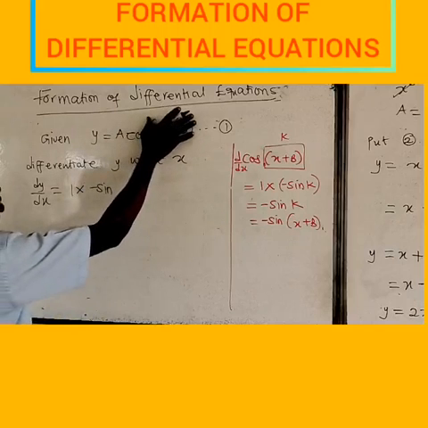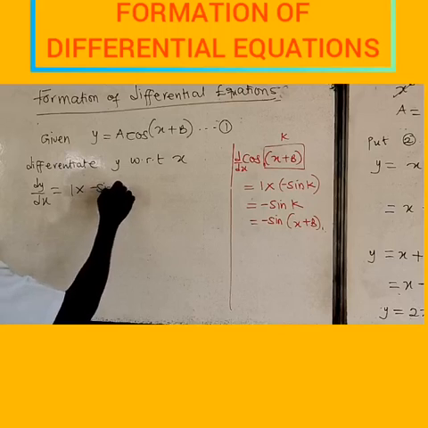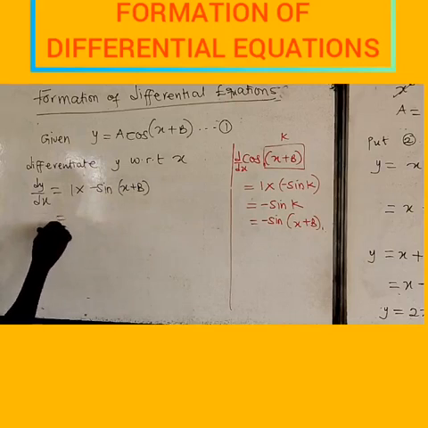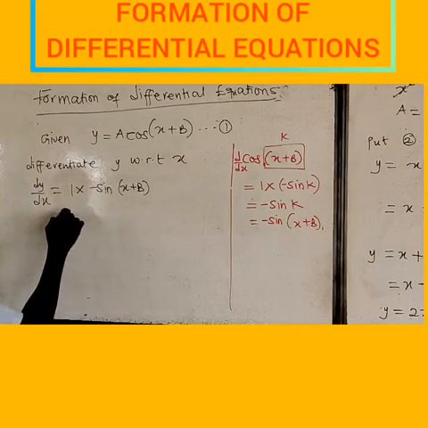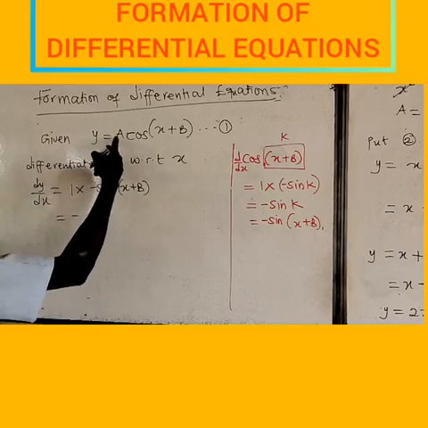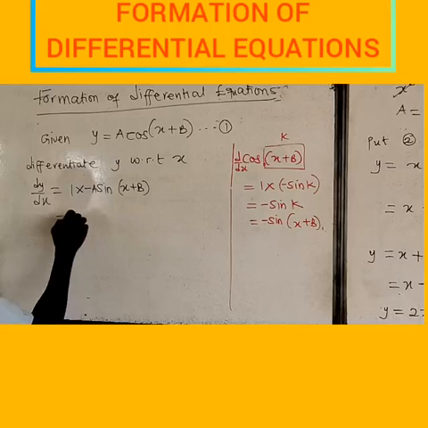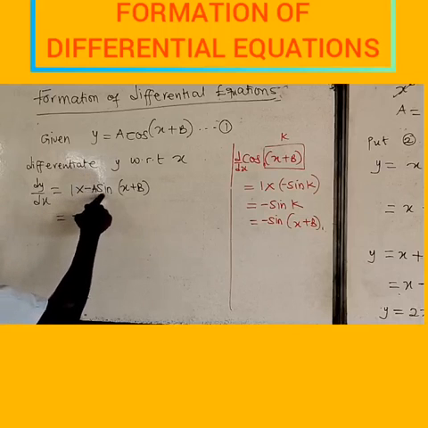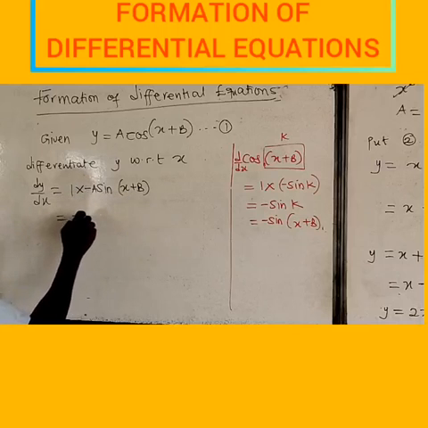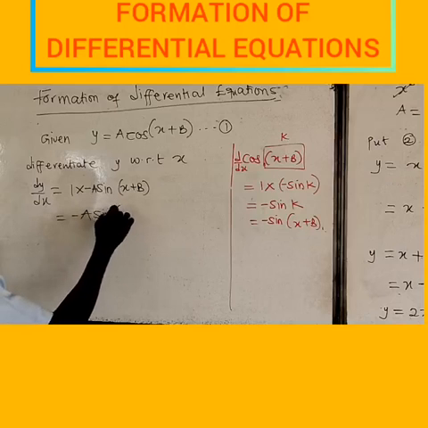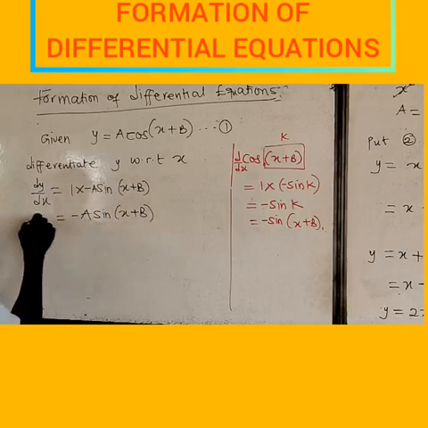Negative sine the baby, and the baby is x plus b. So we repeat the baby again, because the woman is still pregnant. And finally we get negative, and there is a, so it's negative a sine(x + b). So we have 1 times negative a sine(x + b), which gives us negative a sine(x + b), and we have dy/dx equal to that.